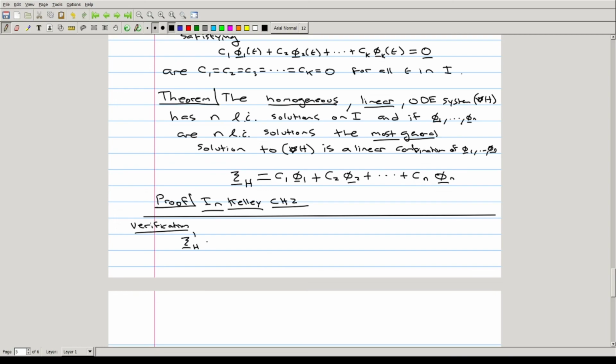By taking the derivative of this linear combination, we get C1 phi1 prime plus C2 phi2 prime all the way up to Cn phi n prime.